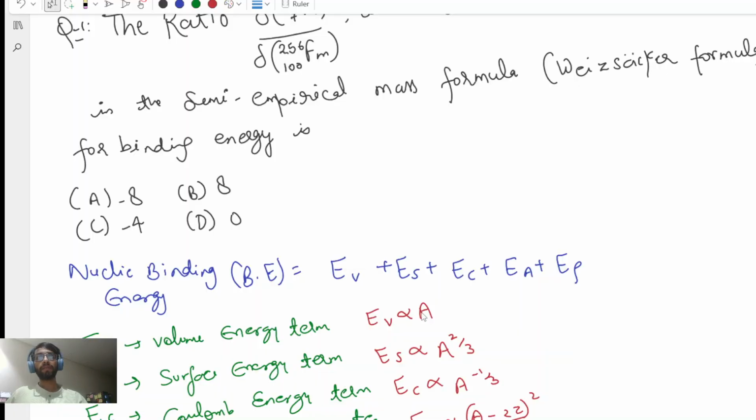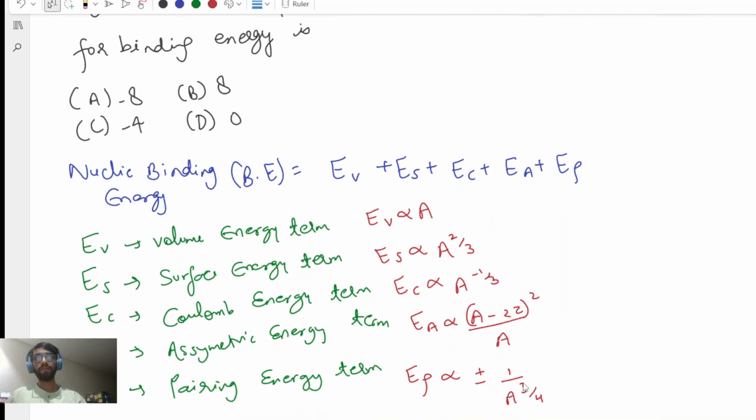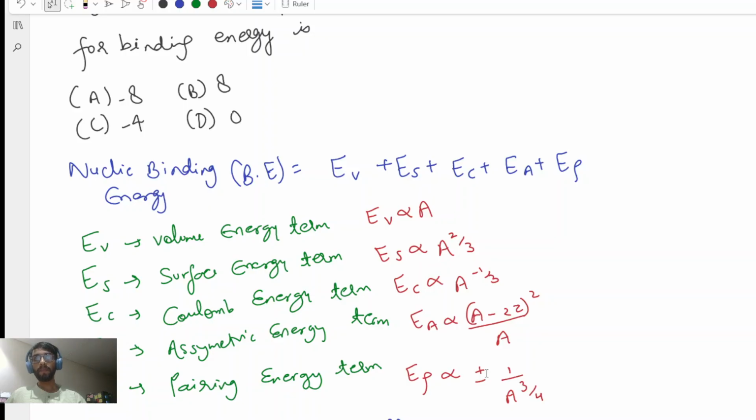E_V is directly proportional to A, surface energy term directly proportional to A^(2/3). Similarly, Coulombic is A^(-1/3), and asymmetric is (A-2Z)^2 divided by A, and pairing energy term is proportional to 1 upon A^(3/4).